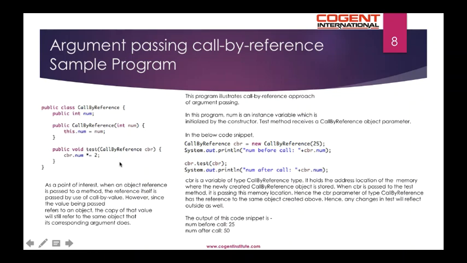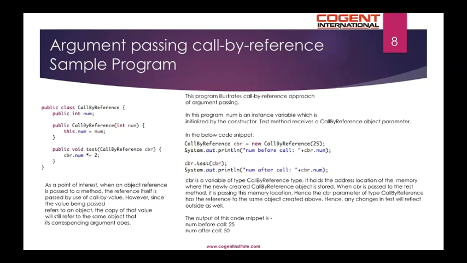As a point of interest, when an object reference is passed to a method, the reference itself is passed by use of call by value. However, since the value being passed refers to an object, the copy of that value will still refer to the same object that its corresponding argument does.